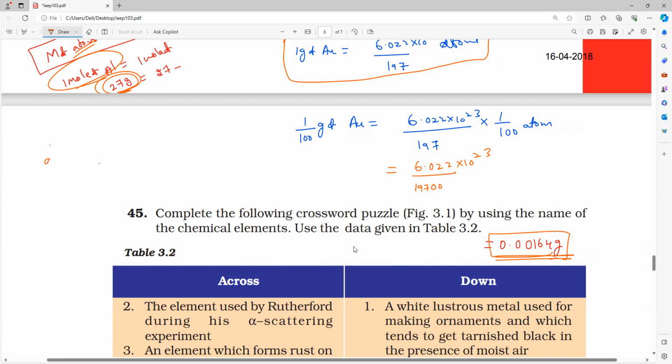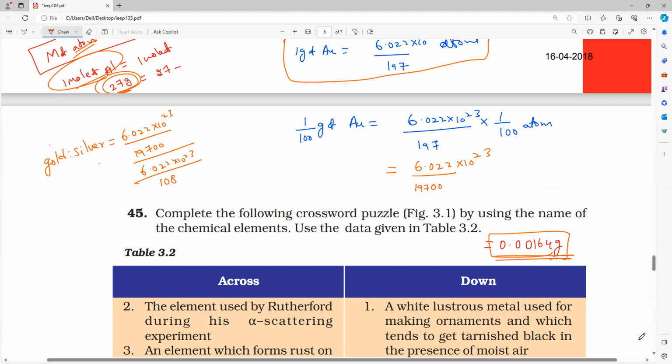So we'll compare now. Gold versus silver is equal to: gold is 6.022 into 10 power 23 divided by 19700. Silver is 6.022 into 10 power 23 divided by how much?